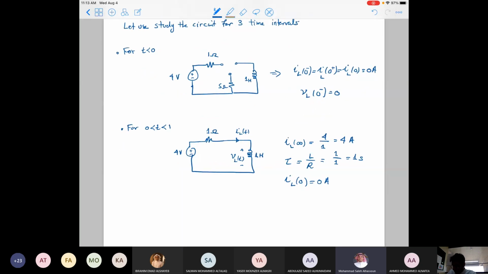Okay, so now we have everything we need to write the expression for the current. So I L of t is 4 plus the exponential term, and this is true for t between 0 and 1. Okay. So what about V L?